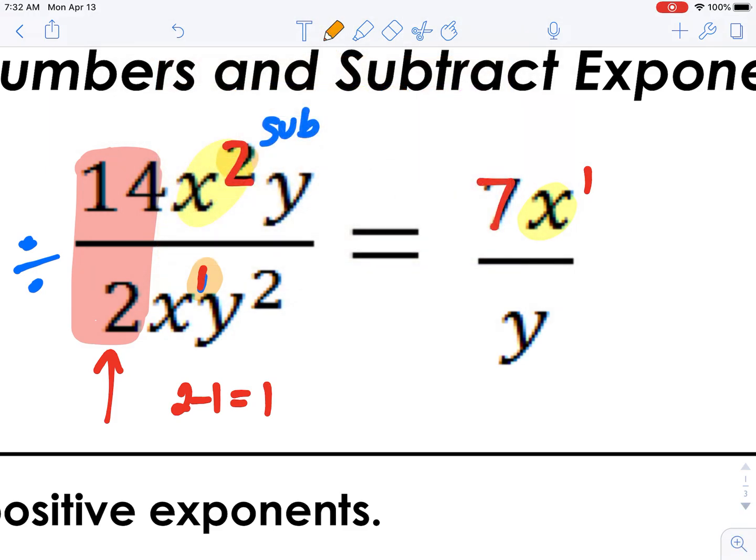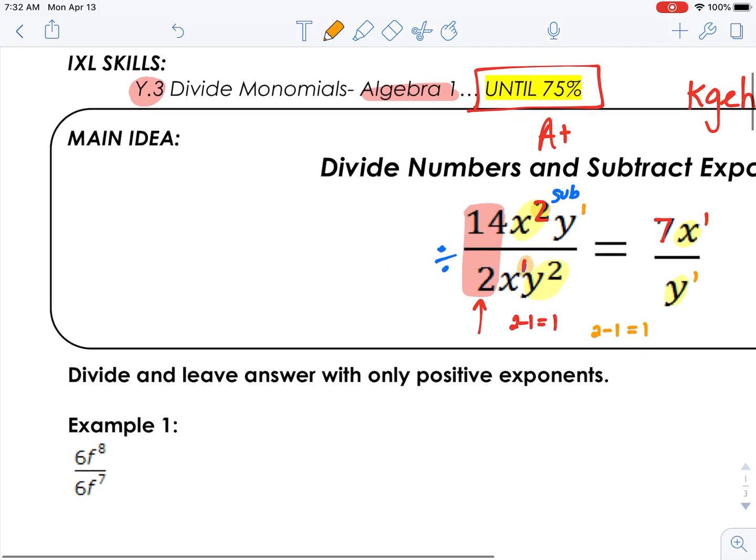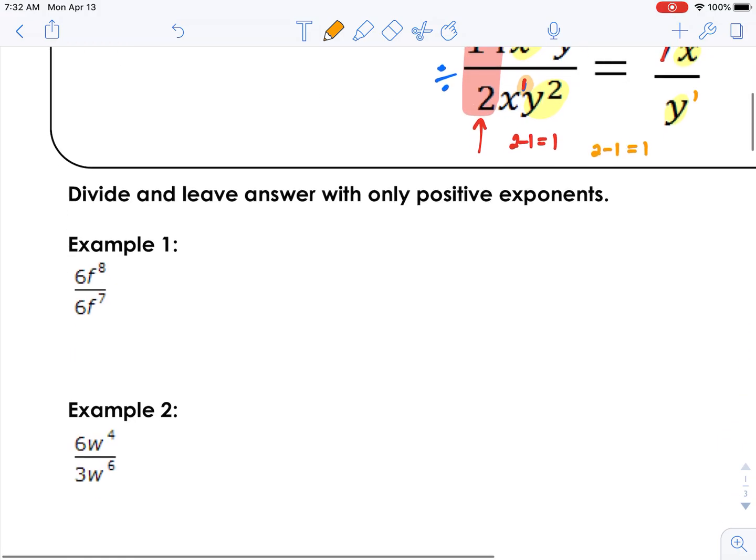For our y's, put a placeholder in. Still do bigger minus smaller, so 2 minus 1 is 1, but where it will stay is where the bigger exponent is. If you stop at 75, it'll be a little simpler. Once you get past 75, they start incorporating a lot of variables in the problem.